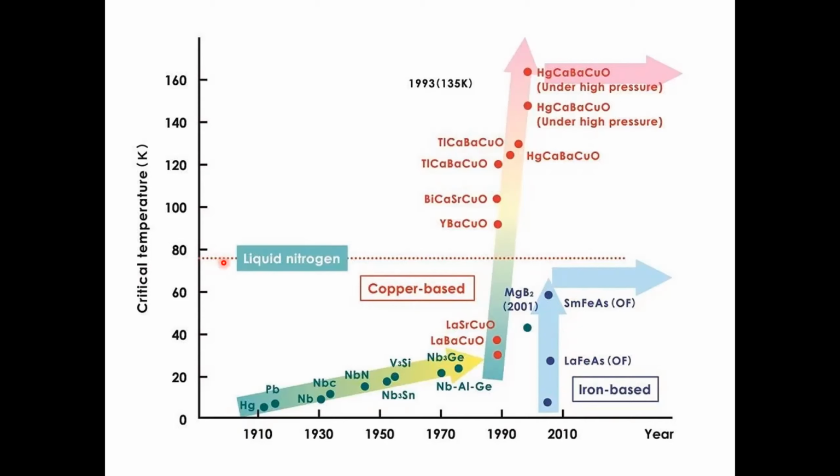So the dotted line is the boiling point of liquid nitrogen, about 77 Kelvin here. Okay. So everything that is above here, right?